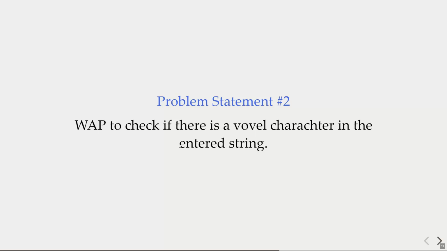Let's go to the next problem statement. It says to write a program to check if there is a vowel character in the entered string. So you just have to take an input and then check if there is a vowel. Let's try that.